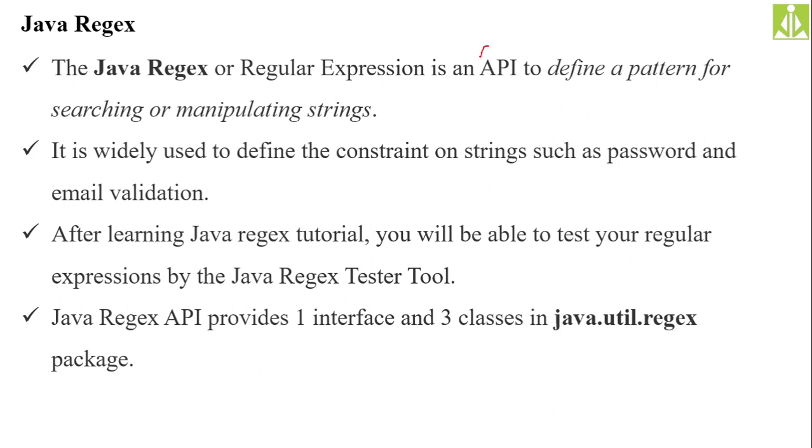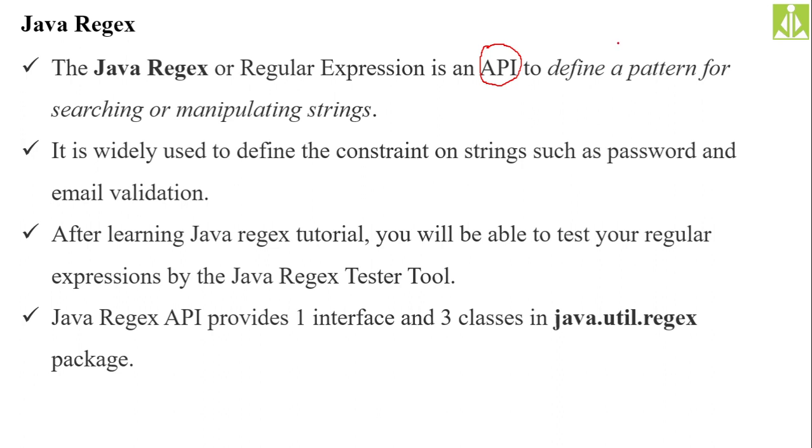Pattern matching in the sense, whatever names we are going to store, whatever addresses we are going to store, they will be stored like a string only in our programming, in our database or in our file. Wherever we are storing the data, that data will be stored in the form of a string only.